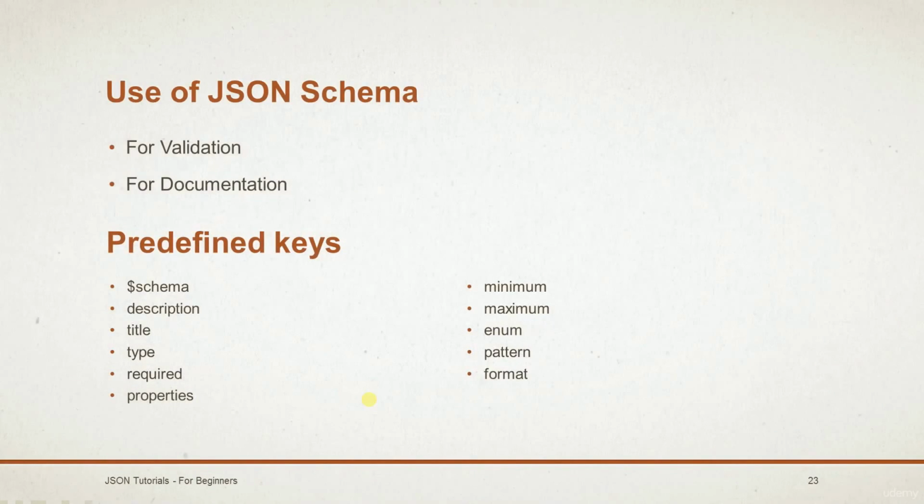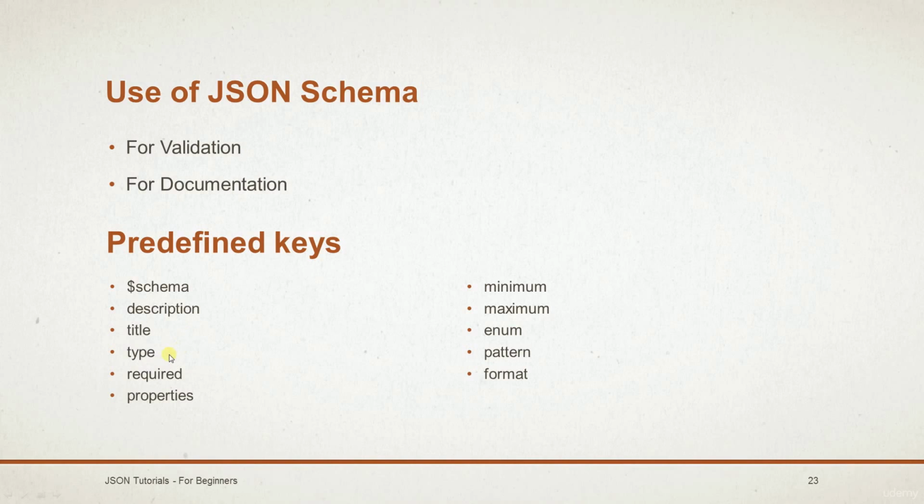JSON schema is used for validation and documentation. Following are the predefined keys for this: $schema, description, title, type, required, properties, minimum, maximum, enum, pattern, format, and many more. Schema is used to specify the JSON schema version. Description and title are used for documentation.